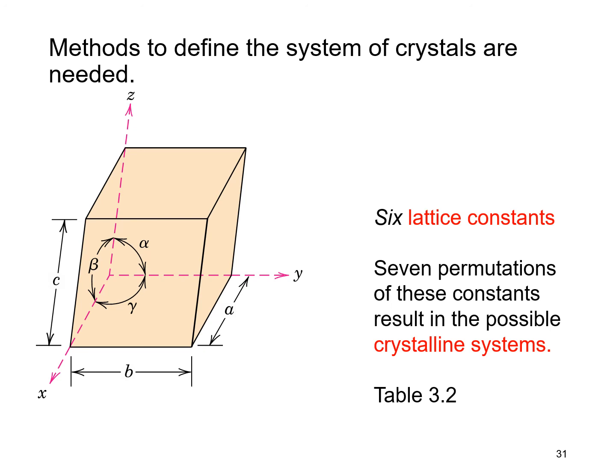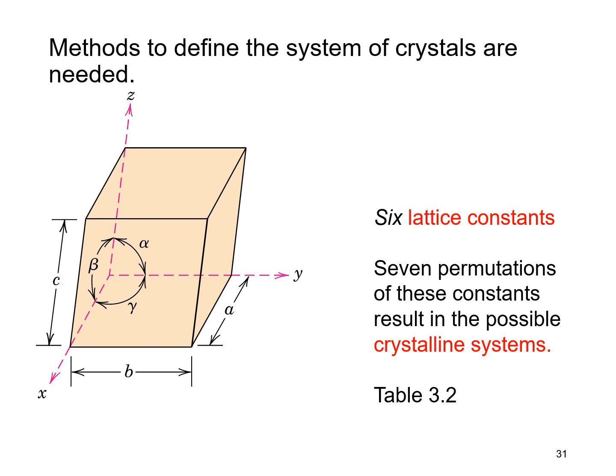The unit cell geometry is completely defined in terms of 6 parameters: the 3 lengths of the edges, A, B, and C, and the 3 interaxial angles, alpha, beta, and gamma. You can see them shown here in this figure. These are sometimes called the lattice parameters or lattice constants.